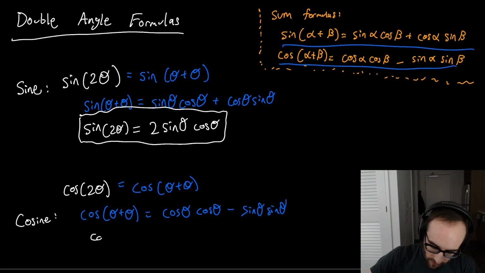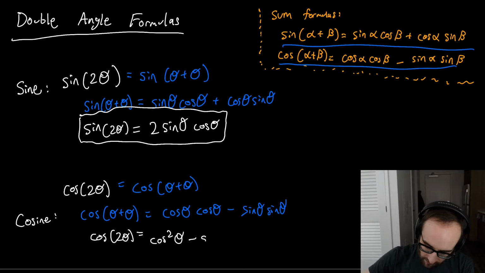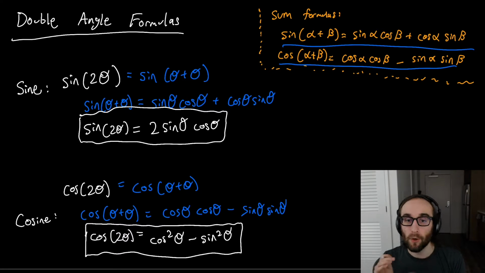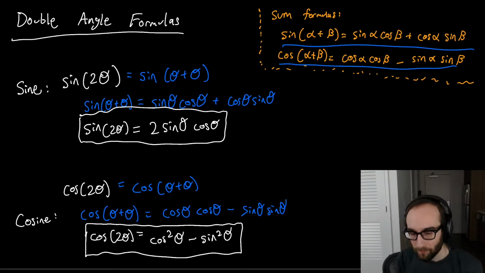In other words, cosine of 2 theta is equal to cosine squared theta minus sine squared theta. And that is our double angle formula for cosine. So in other words, we're rewriting sine of 2 theta and cosine of 2 theta in terms of just cosine theta and sine theta.